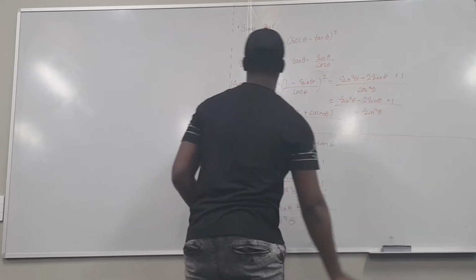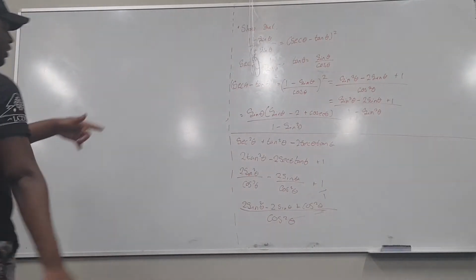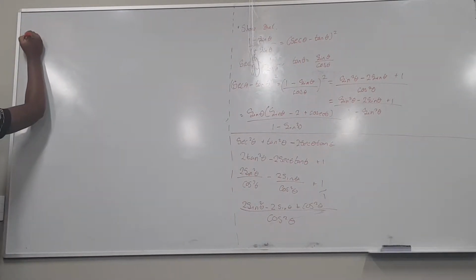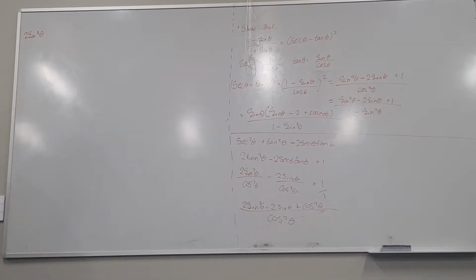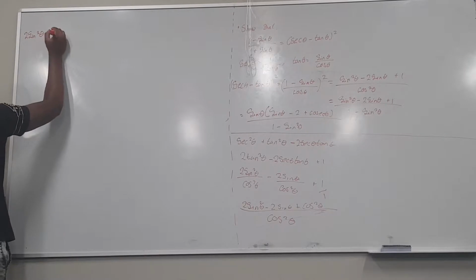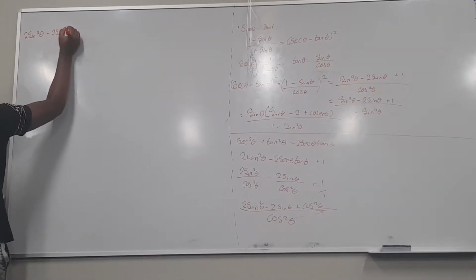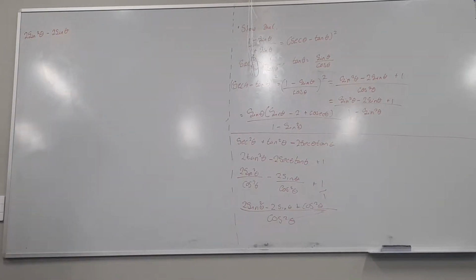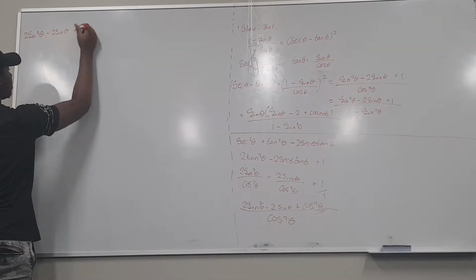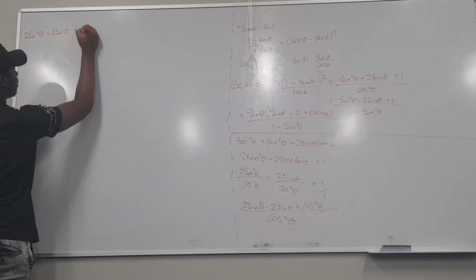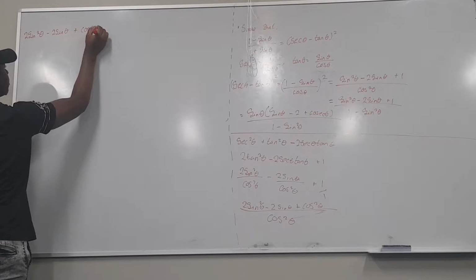Okay, so this was interesting. We had that. Let's first turn this to a sine. So we have 2 sine squared theta minus 2 sine theta plus cosine squared theta plus cosine divided by 1.